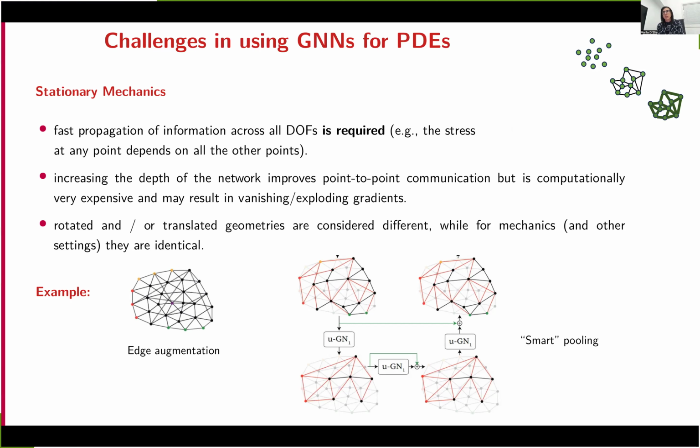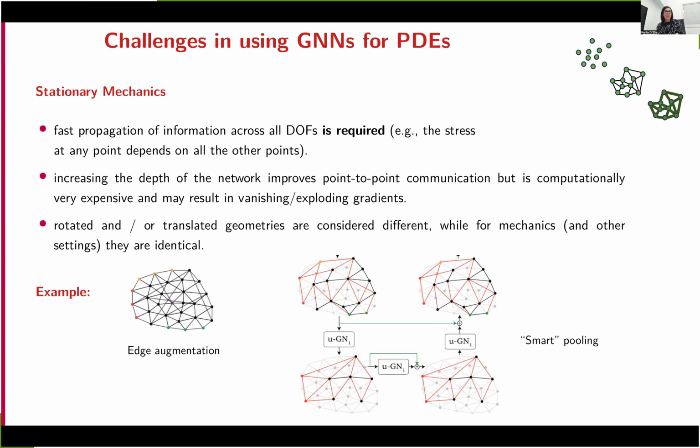When it comes to message passing graph neural networks, the messages are passed in a very local way. To pass information from a point in the domain to the opposite side of the domain, we need a lot of messages passed. This can be done just by adding layers to the GraphNet, but what can happen is that we lose stability.